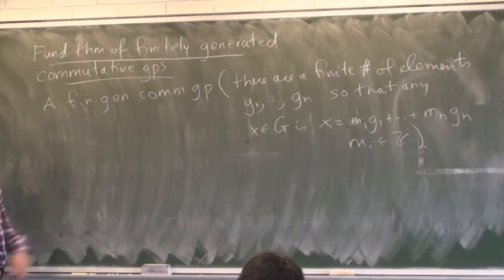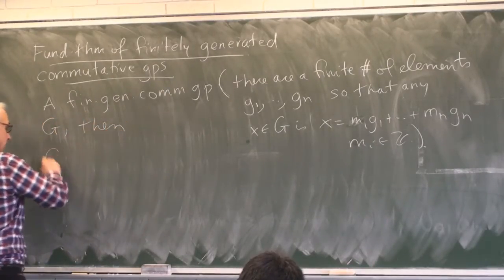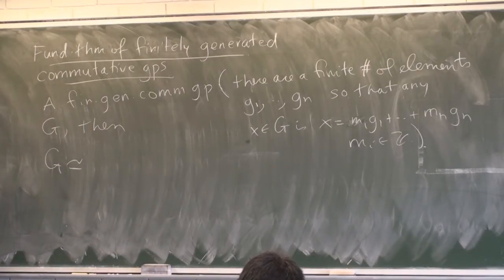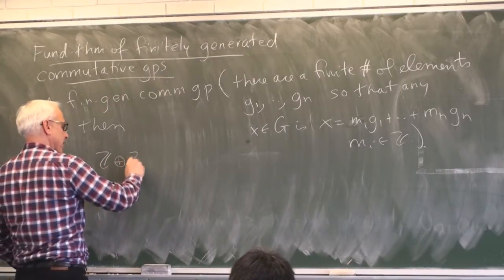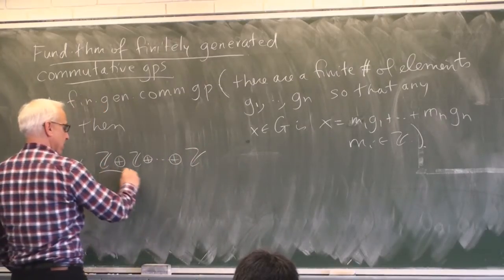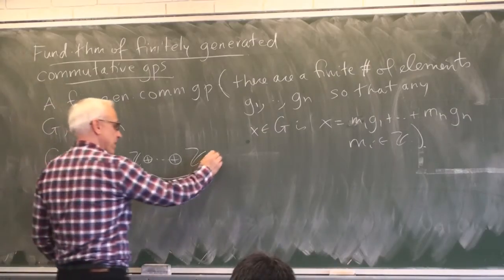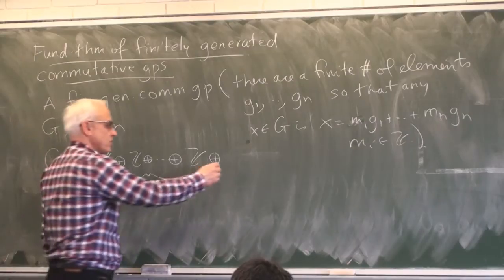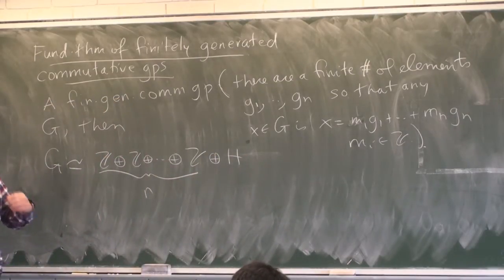So if we have such a finitely generated commutative group G, then G is isomorphic to a certain number of Z's, Z direct sum Z direct sum Z, and there might be r of these, together with some H, where H is a finite commutative group.